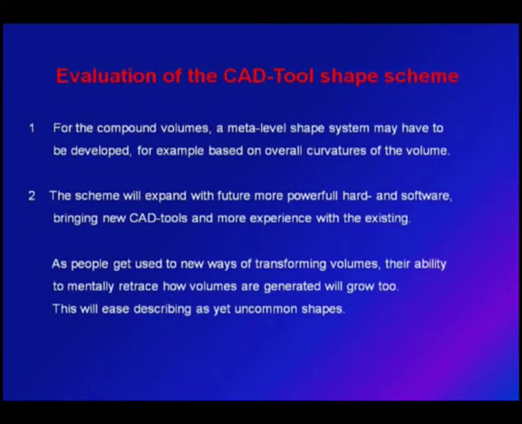If one wants to organize or study and compare compound volumes, another way of describing must be made. And with time, people will get more experience with the CAD tools, and new variations, new names will come up.